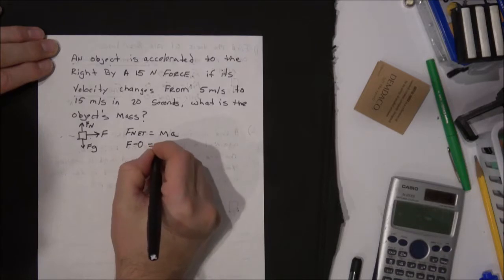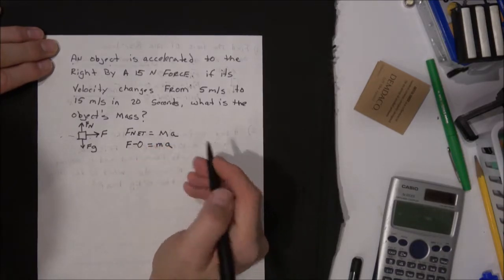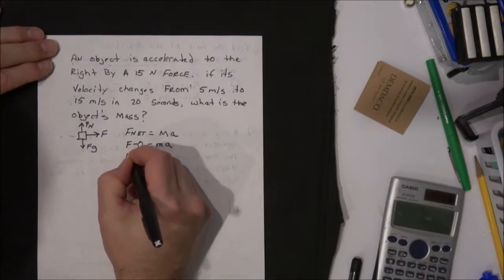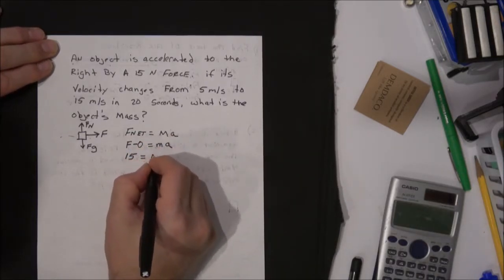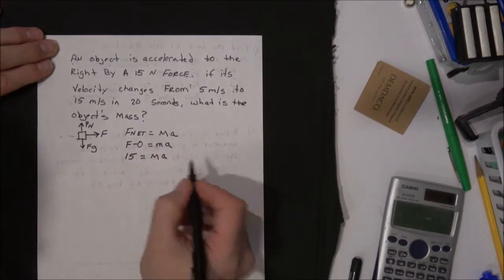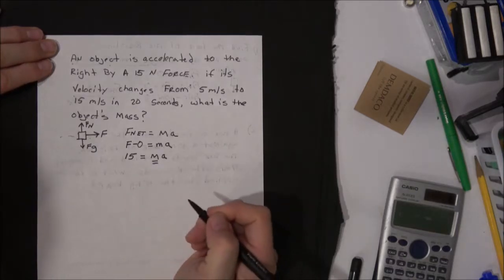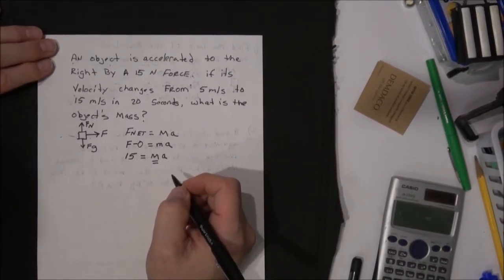So that is equal to ma. Well, we know that this force is 15 newtons equals mass times acceleration. We're looking for the mass of the object. Since we don't have it, we're going to have to find it some other way.